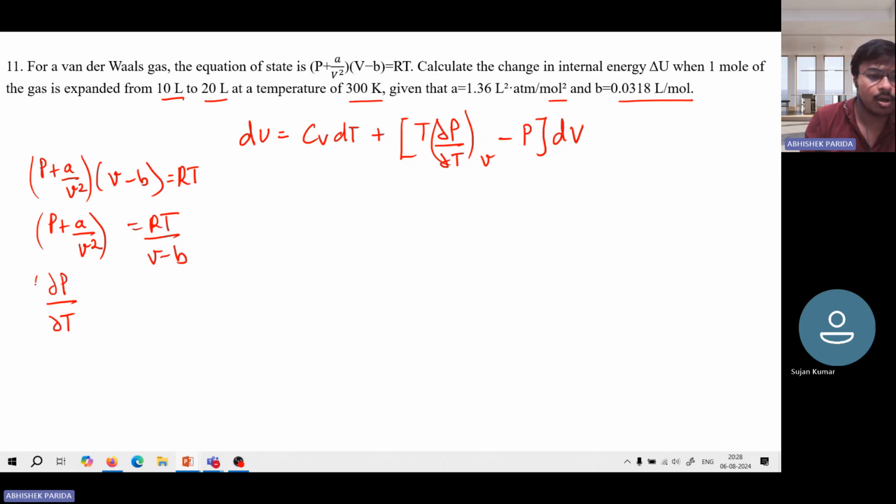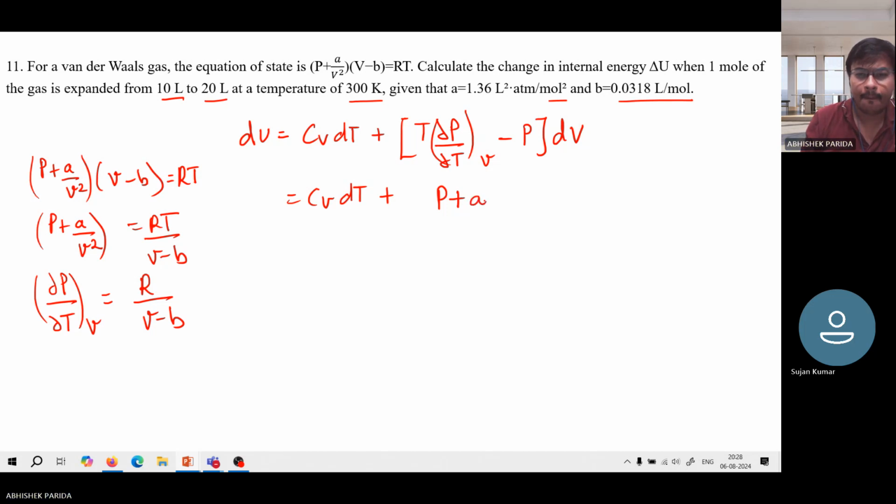So if you go for dou P by dou T at constant volume, it will be R by V minus B. Now when we multiply with T, RT by V minus B, it is nothing but CV dT plus P plus A by V square minus P dV. Now CV dT plus A by V square dV.